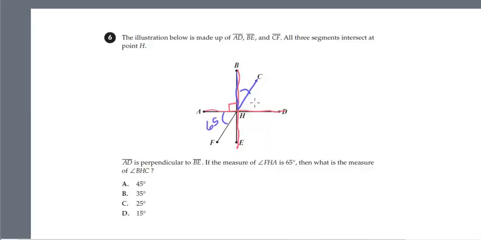Well, we know that this angle here is also going to be 65. And we know that this is a 90-degree angle, so this plus this has to equal 90. So 65 plus something equals 90, and that is 25.